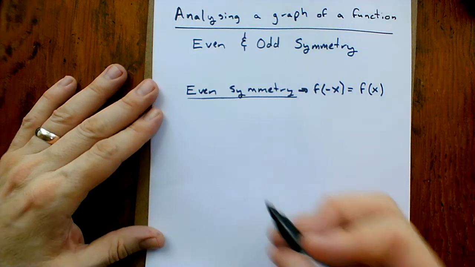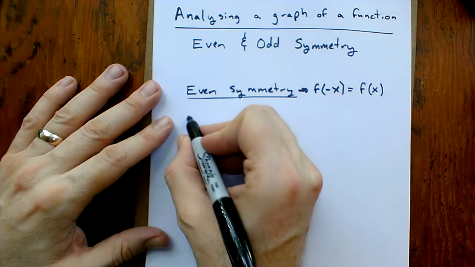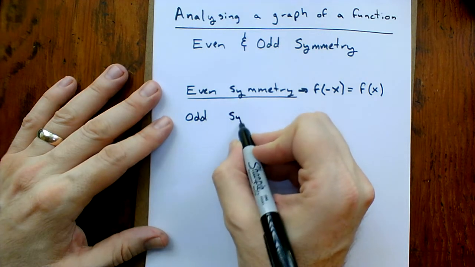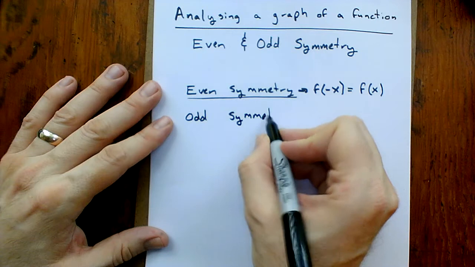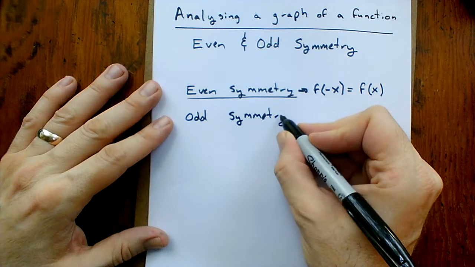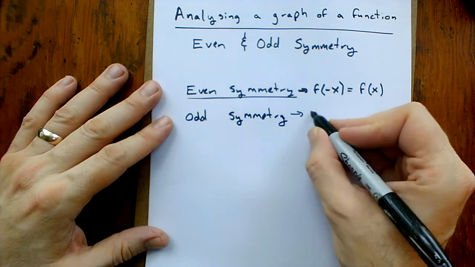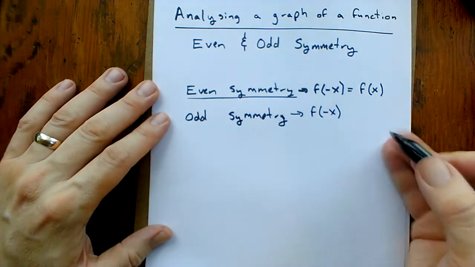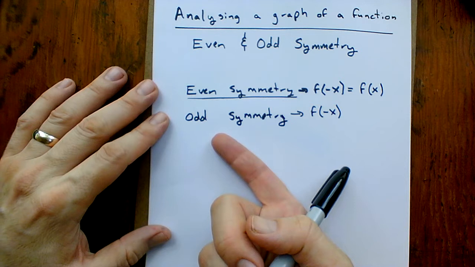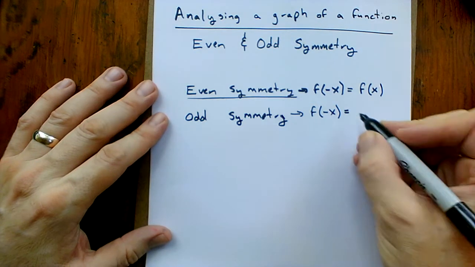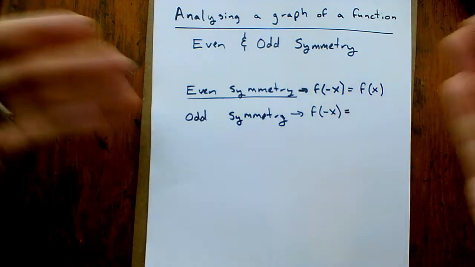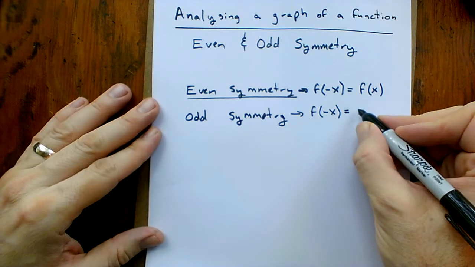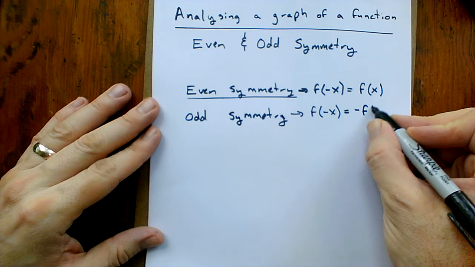Odd symmetry happens when, instead, if I plug in a negative value for my x, if I go out a certain distance and look on the opposite side of the y-axis, it doesn't just flip, it also flips over the x-axis. So we would find the opposite value in the y direction.